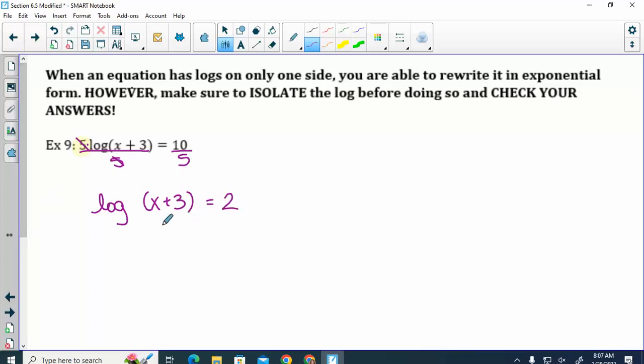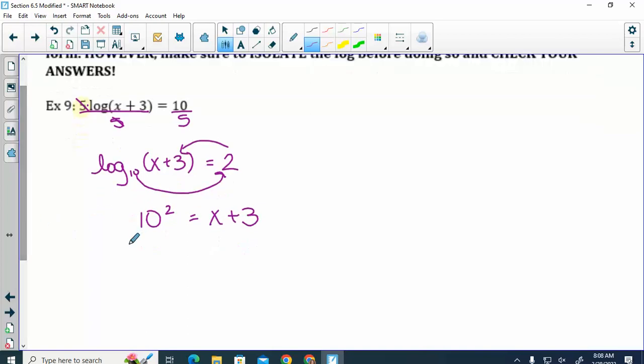Since it's only on one side, I can't just drop the log, but I can use the definition. What is the base on this log? 10. So by the definition, this means 10 to the 2nd power equals x plus 3. Subtract that over and we get x to be 97.